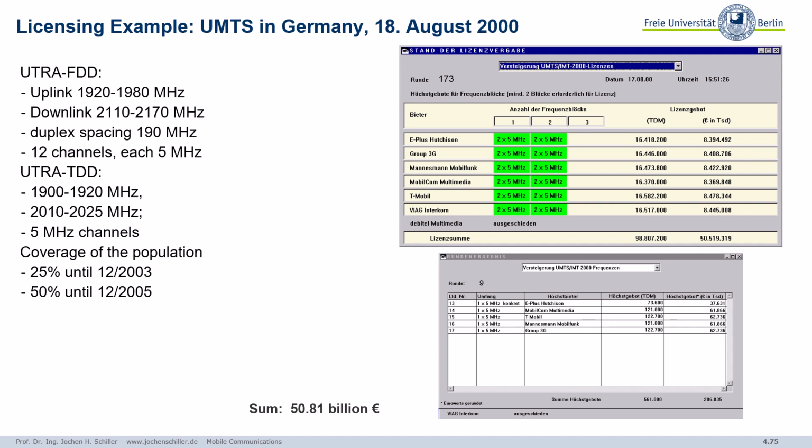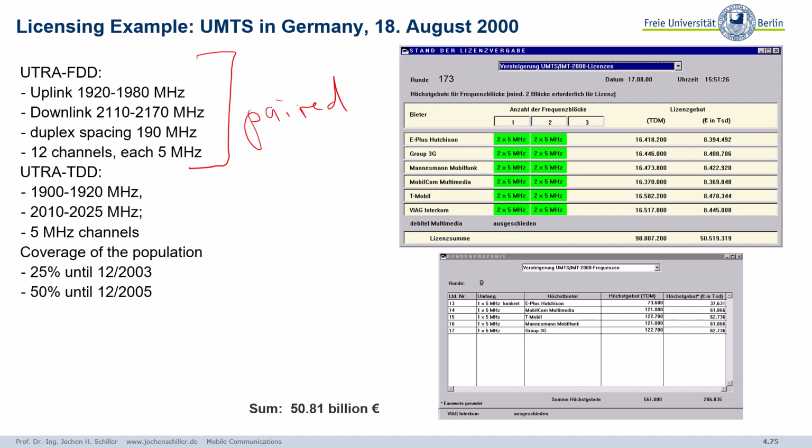So, mid-August 2000, that's the example from Germany, we had a situation that the government said, okay, we have the paired bands, that's the paired band, where we have the same spectrum on the uplink as we have on the downlink. And in the end, we will license 12 channels, each 5 megahertz. Okay?